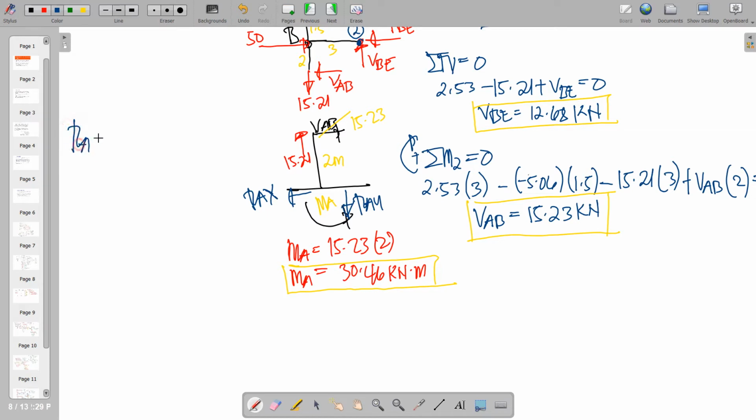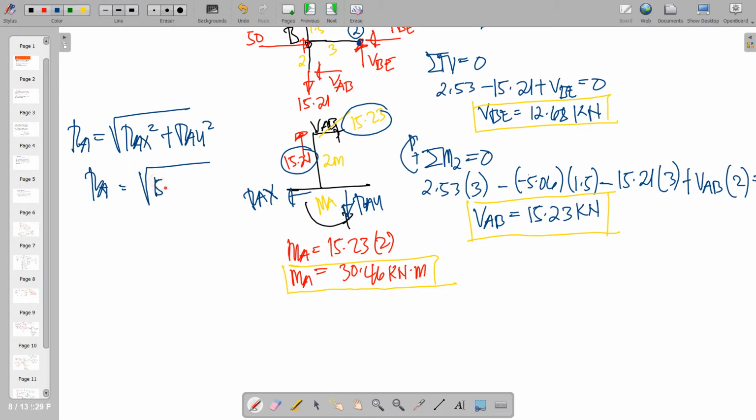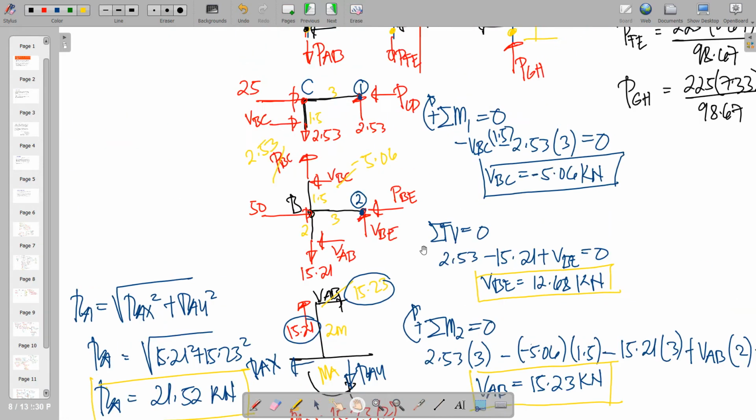Then RA is equal to the square root of RAX squared plus RAY squared. And obviously, you just have to get these two values here. 15.21 squared plus 15.23 squared. So therefore, RA is equal to 21.52 kilonewton.